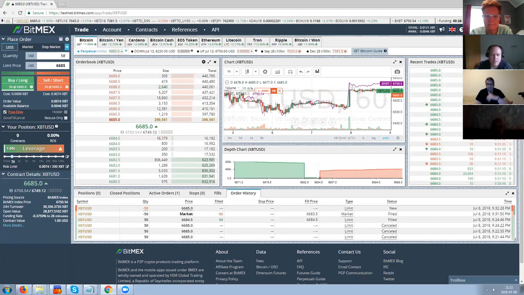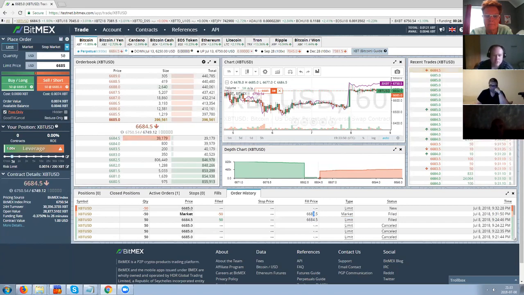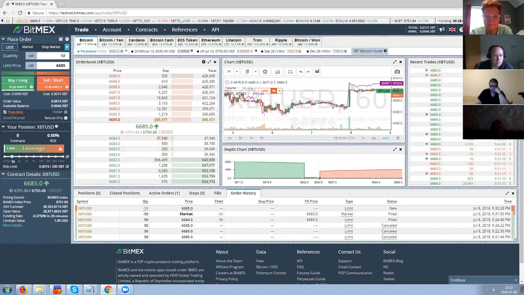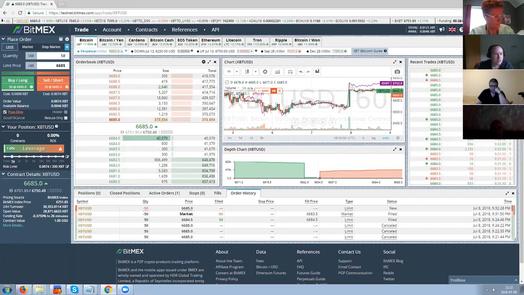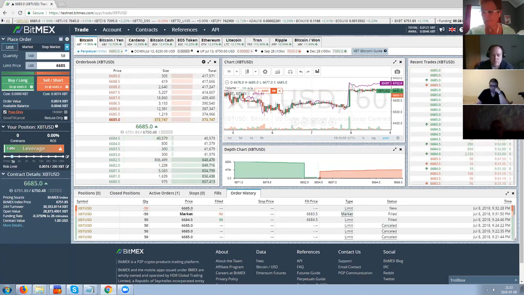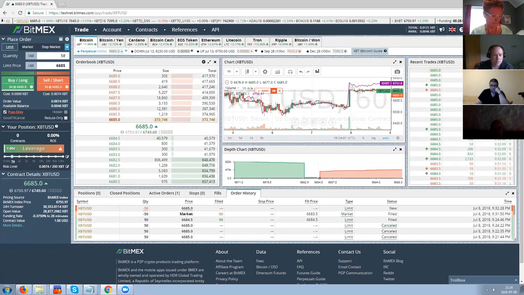So I made a little bit of loss, about $1 on the price, on this particular trade, but it doesn't make too much of a difference because it's only $50, just a minuscule amount of loss on this particular trade.